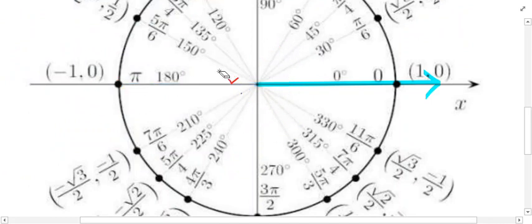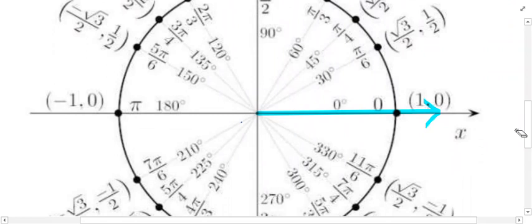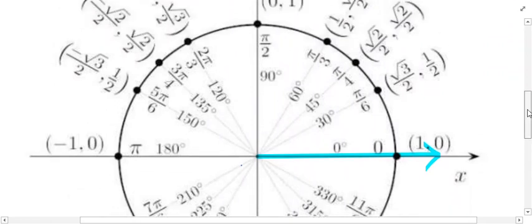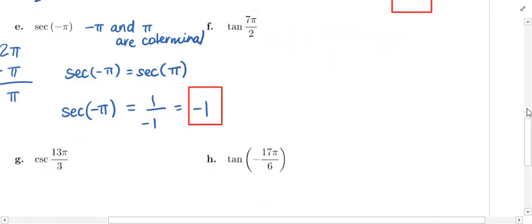When you look at this circle and scan through the radian measures, you don't see 7 pi over 2 written down. Remember, that tells us it's not between 0 and 2 pi. So we've got to figure out what angle on the unit circle is coterminal with it.